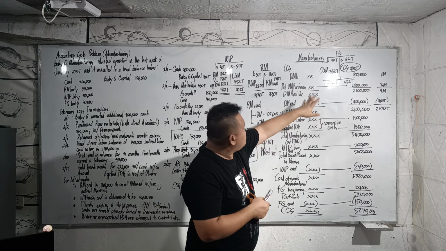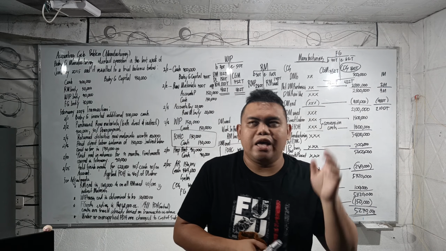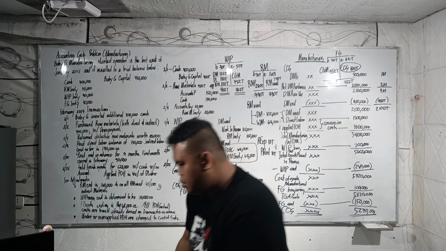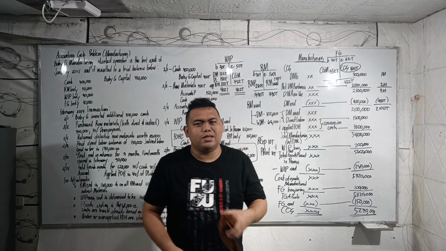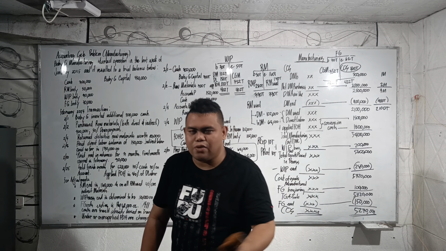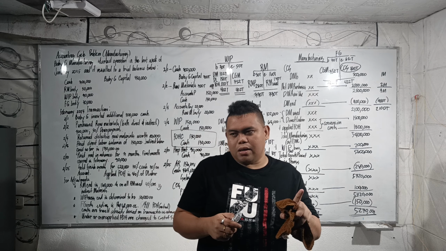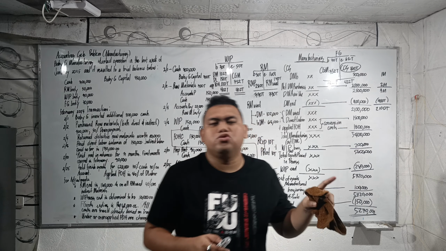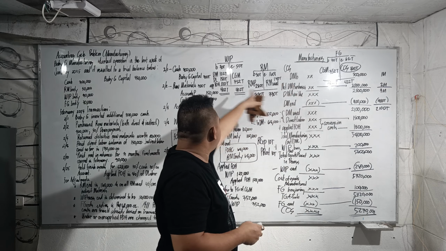And also, in the past episode, I talked to you about the T account analysis, how to use it, what are the advantages of T account analysis, and why I changed my methods of computation from this to this one.